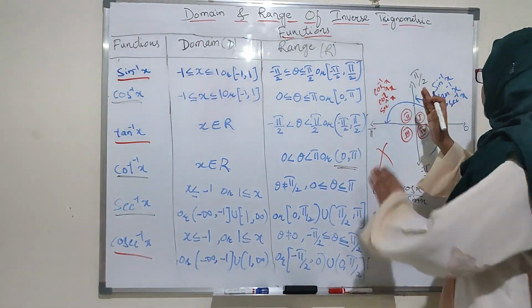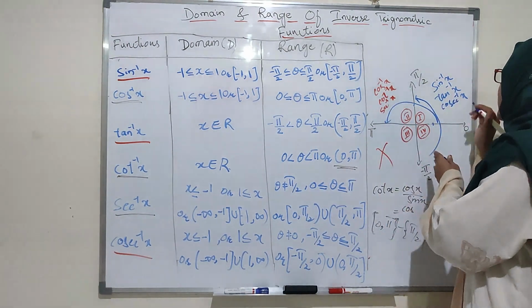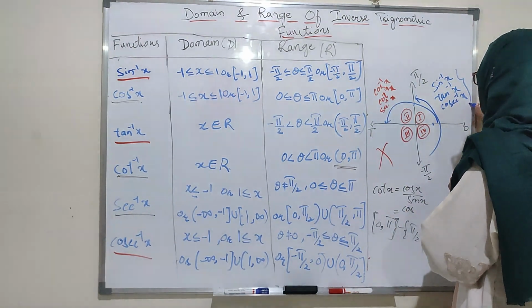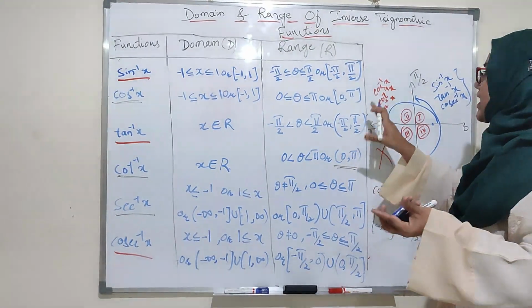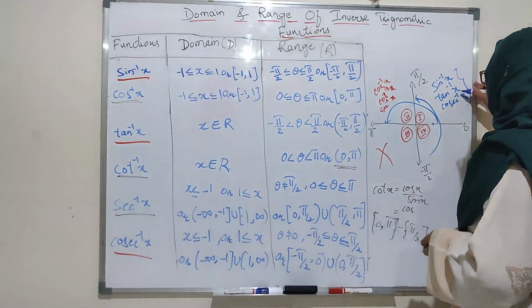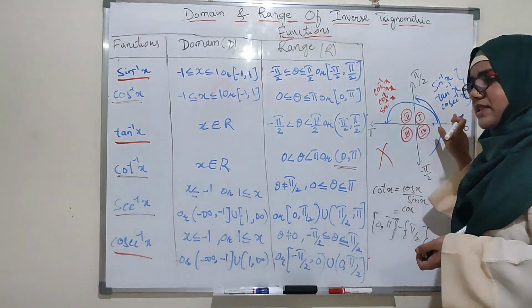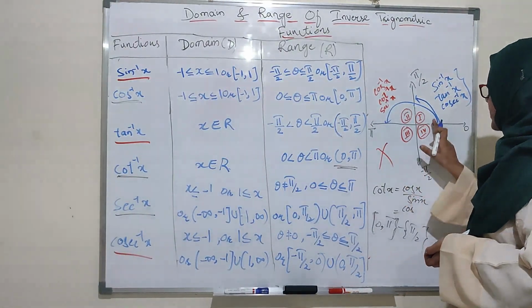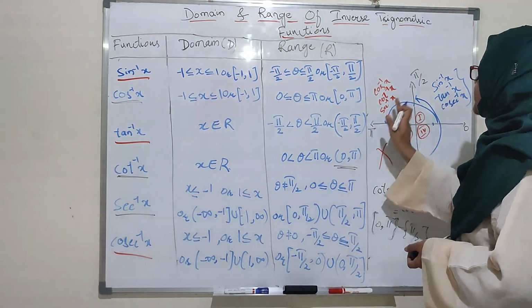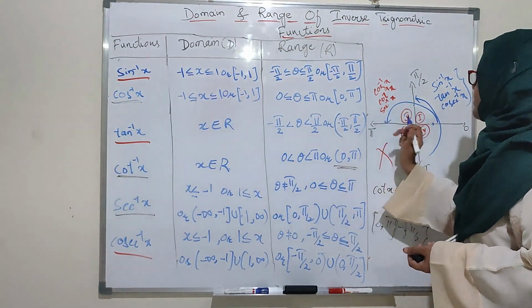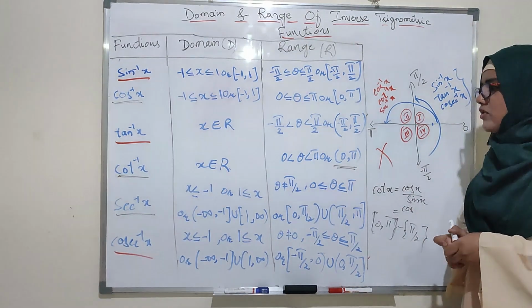So remember, by making these groups, you have to remember this. It is very important. If you remember this, automatically you can understand the remaining. These lie between plus pi by 2 and minus pi by 2, that means the first and fourth quadrant. And these three lie between 0 to pi, that means the first and second quadrant.